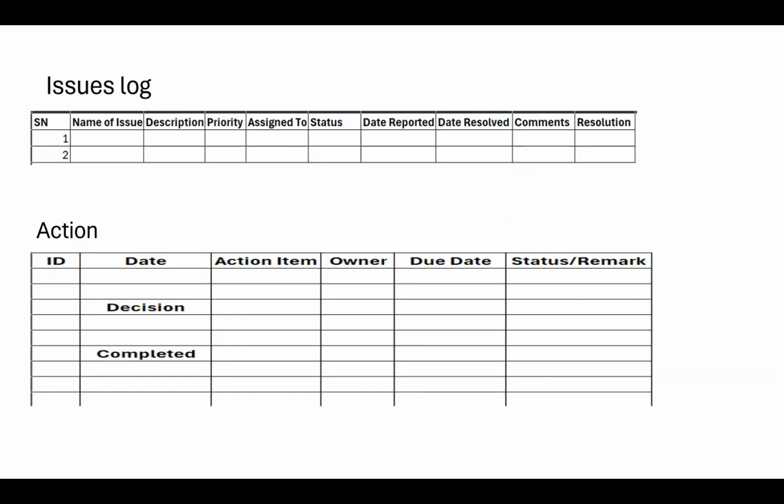It is the RAID log, I said RAID, but I would like to pick issues. Risk and issues are very similar. The difference between risk and issue is this. If you identify a risk, you identify it before the execution of the project or during it, as the project is going on, you sense something. You do it before the project, you do it during the project.